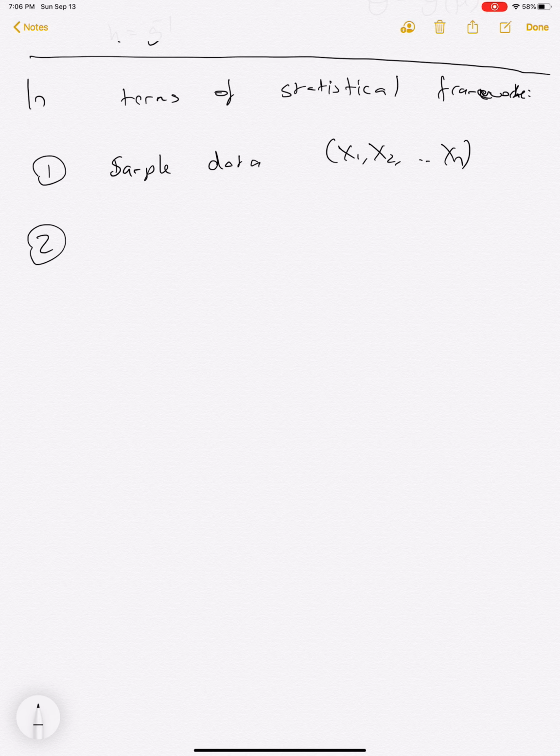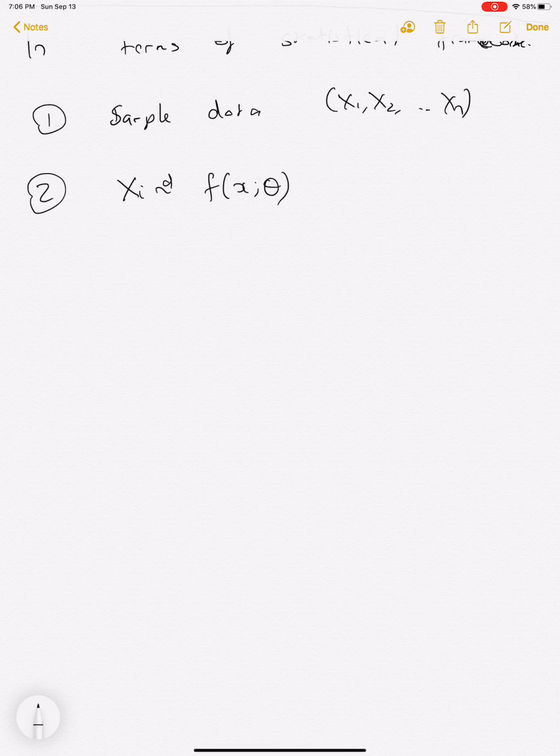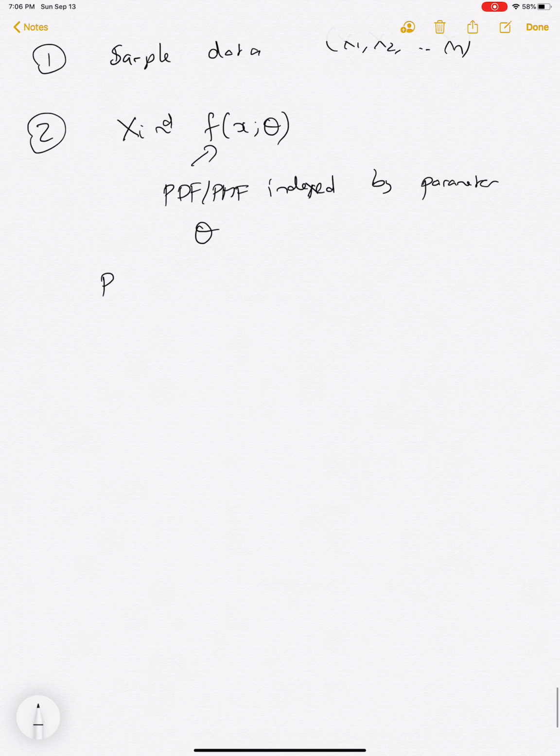We have the PDF or PMF indexed by some unknown parameter theta. Okay, so the population parameter here is theta.